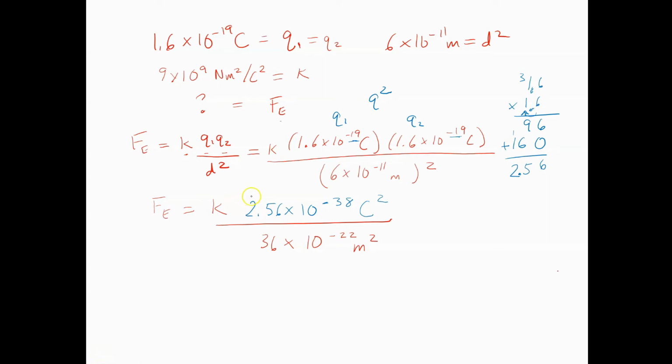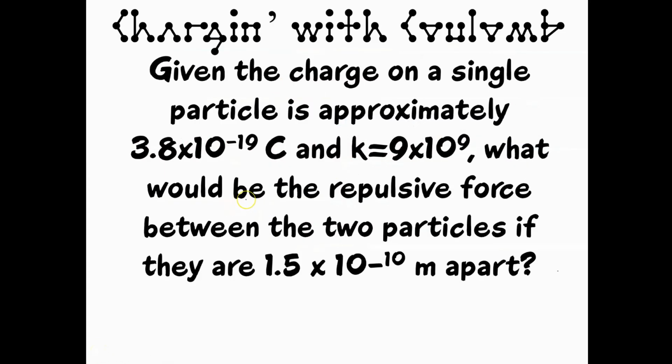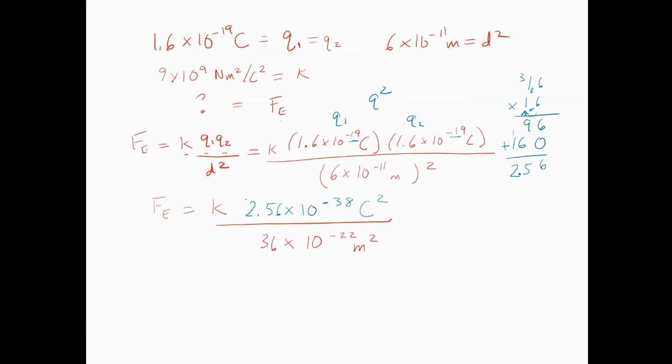Now let's divide these two quantities. So I'll bring down electrostatic force is equal to, and I just leave the K value as the last number that I'll bring into the solving of the equation.